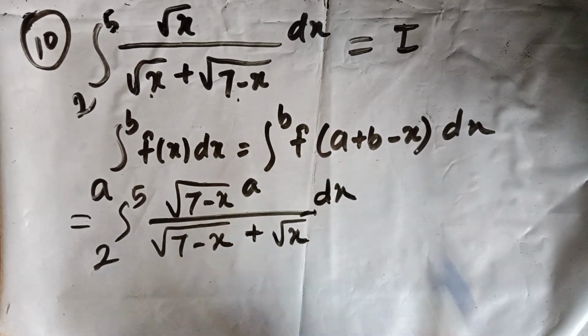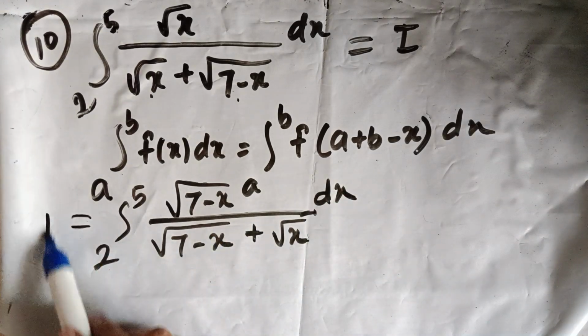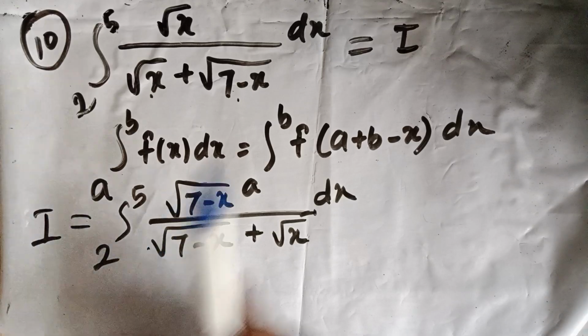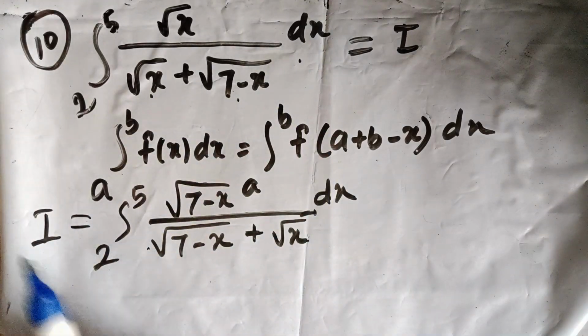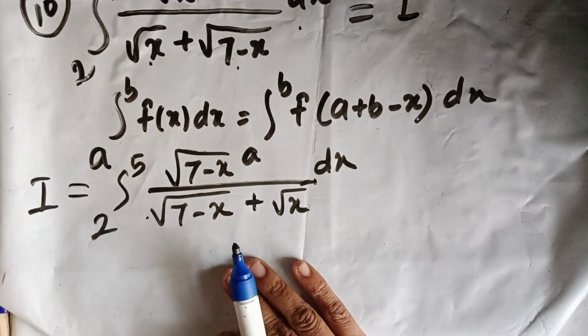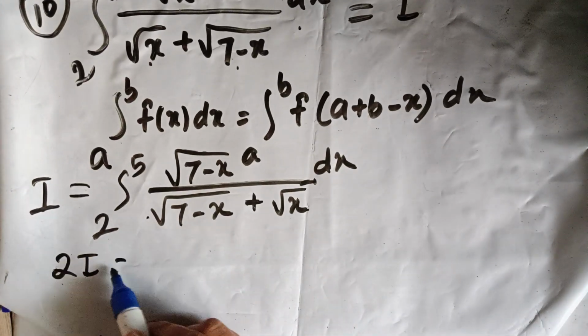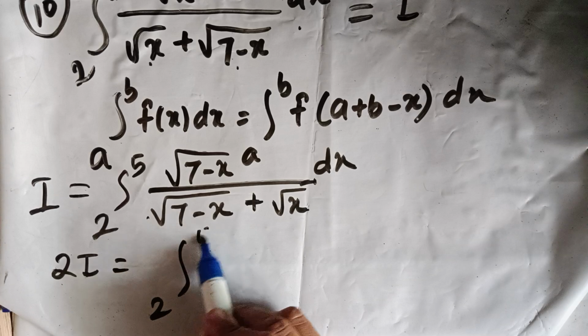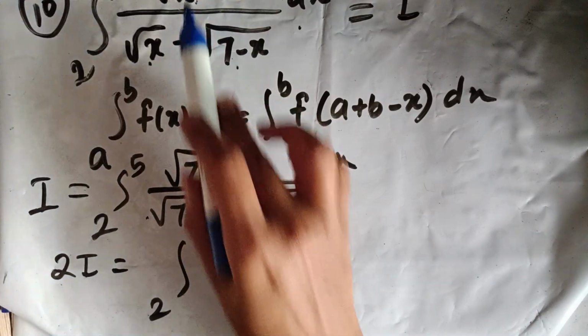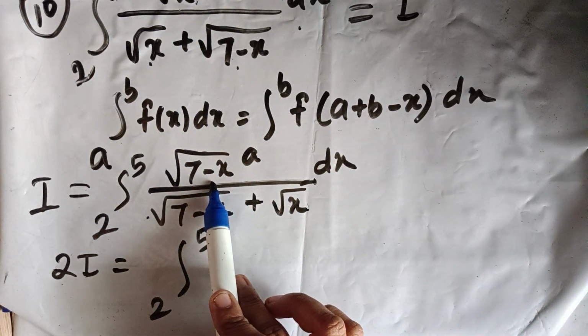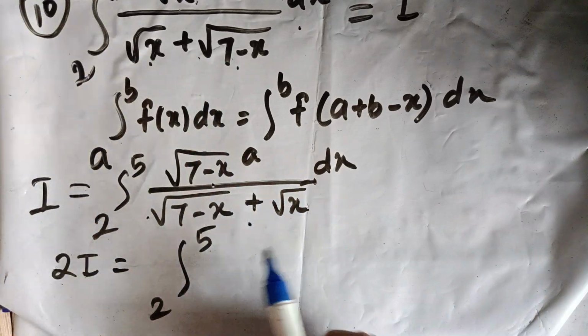Okay, so when I add this two, this one and this one, it becomes 2I, right? So I'll get integral 2 to 5 of root x plus root 7 minus x, because denominators are same.